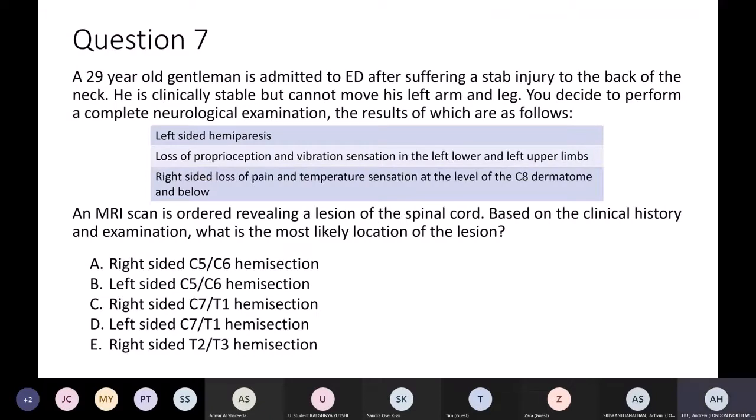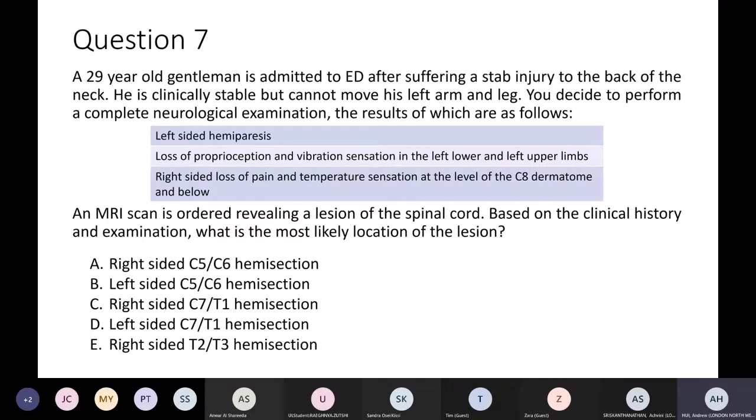Now we move on to question 7. A 29-year-old gentleman is admitted to the emergency department after suffering a stab injury to the back of the neck. He is clinically stable but cannot move his left arm and leg.